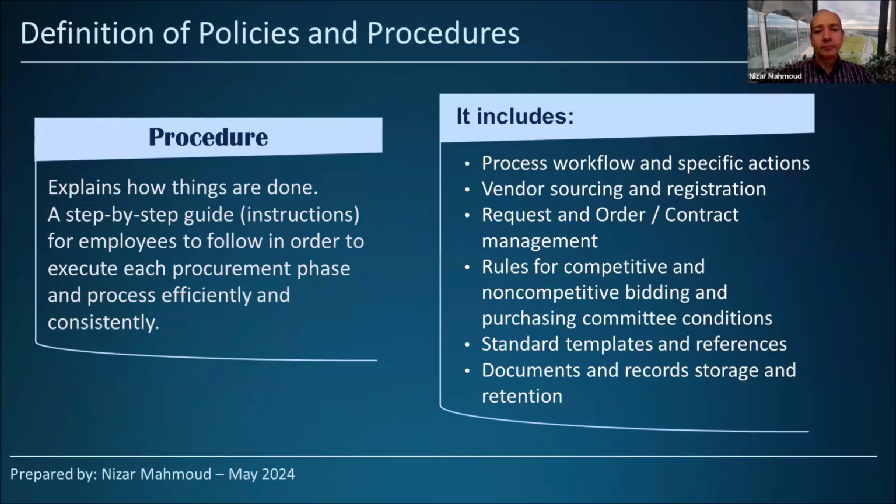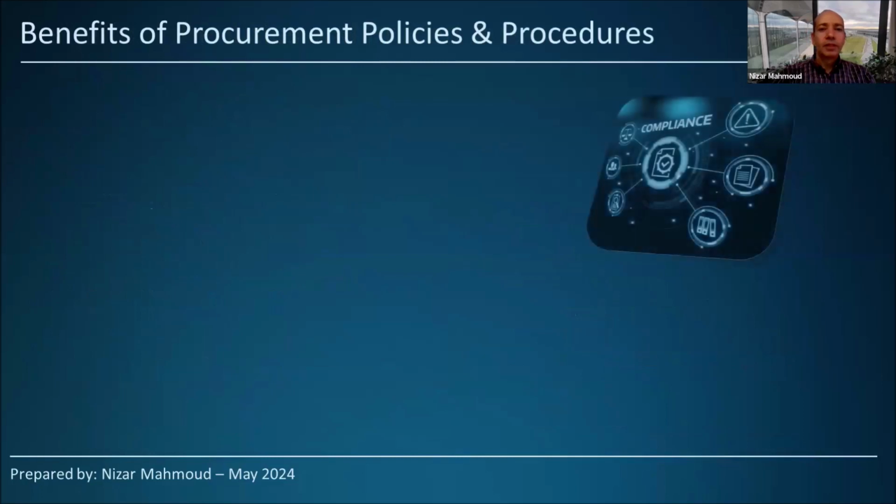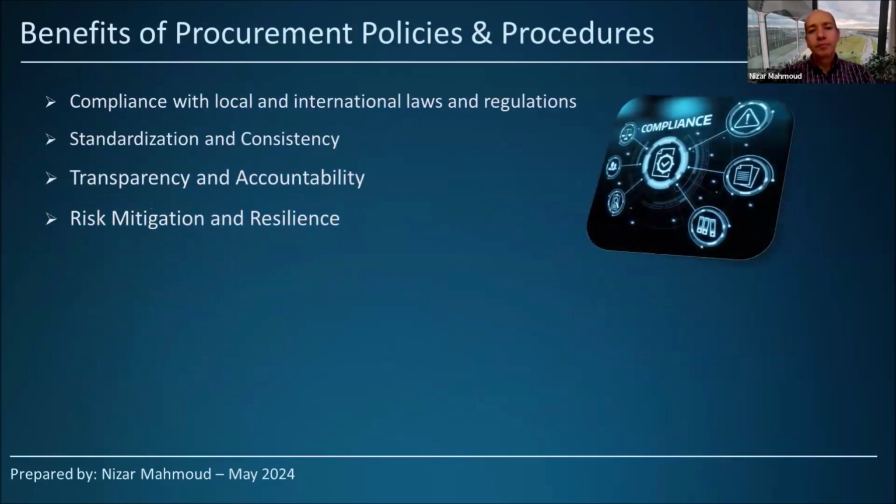So why do we need to have policies and procedures? First, we have to be compliant with the local and international laws and regulations. It should ensure the standardization and consistency of the process. It shows transparency and accountability of the company's actions. And it provides risk mitigation and resilience for the process.